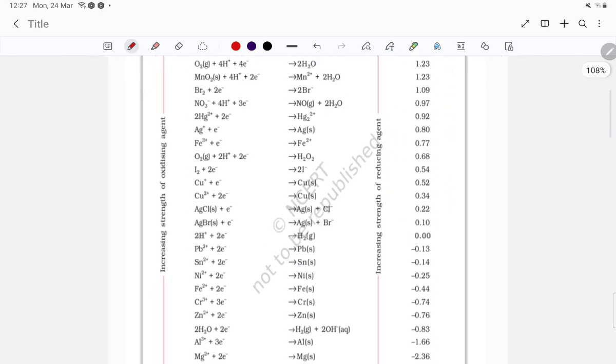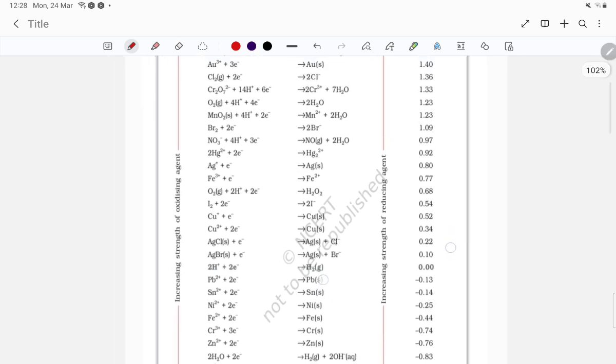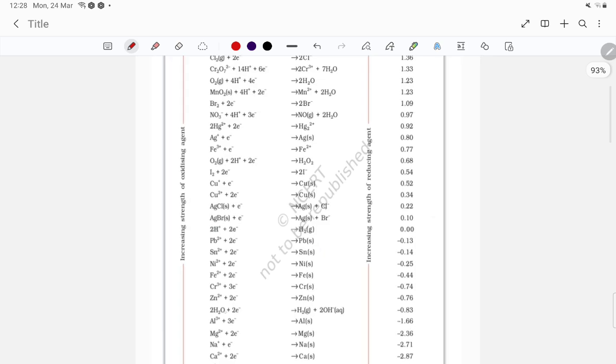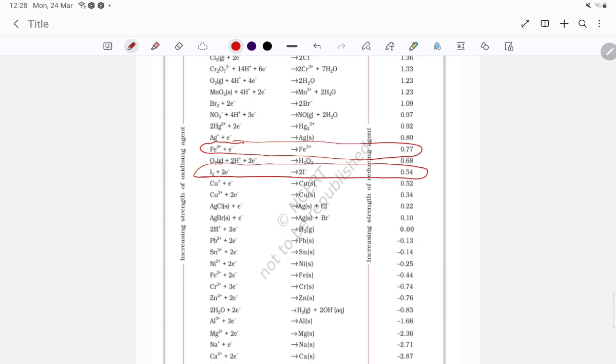The Fe3+ value from the table. So here you see, student, how much is the Fe3+ value? It is 0.77, and then the I- value is 0.54, right?